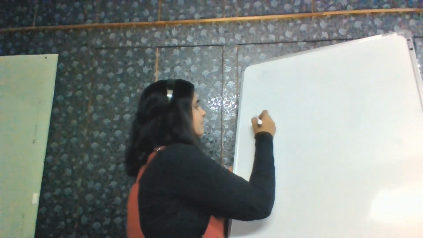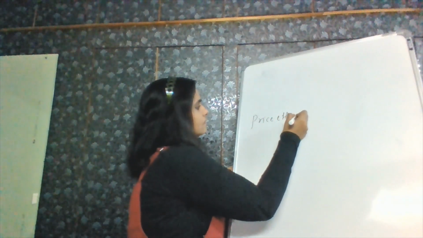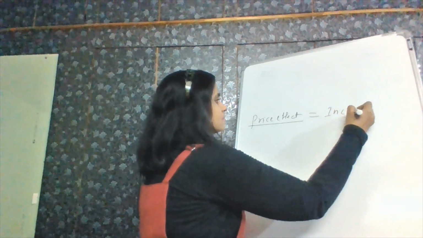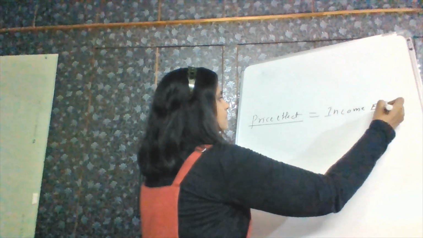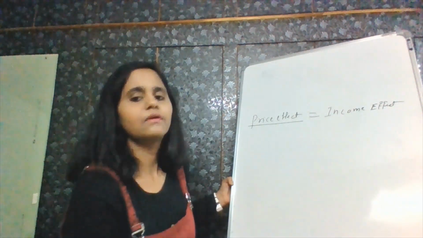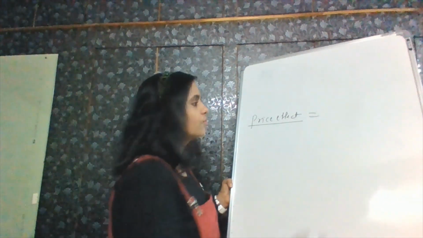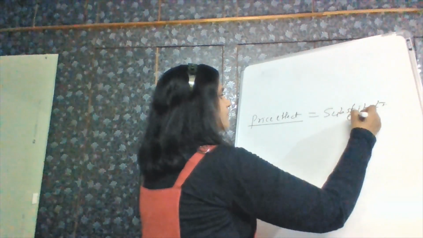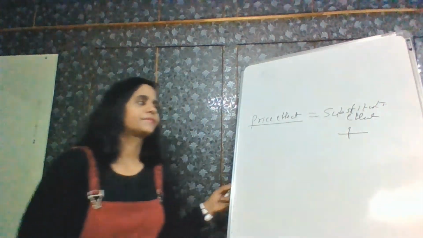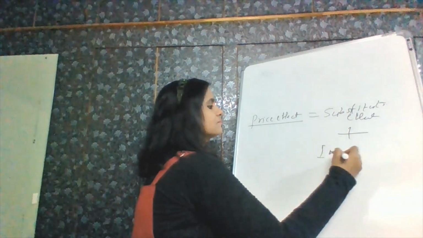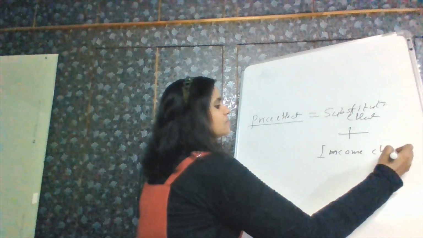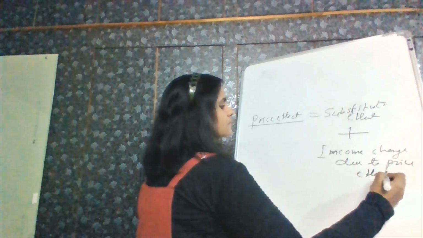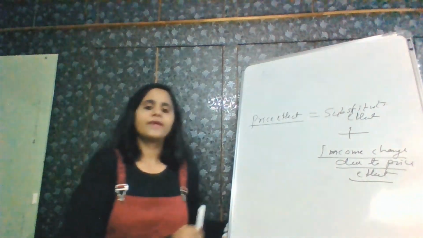Your price effect is equal to your substitution effect plus your income change due to price effect. Last class we saw the derivation of all this.